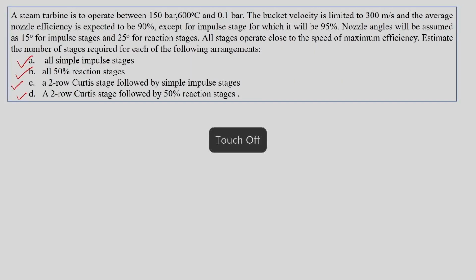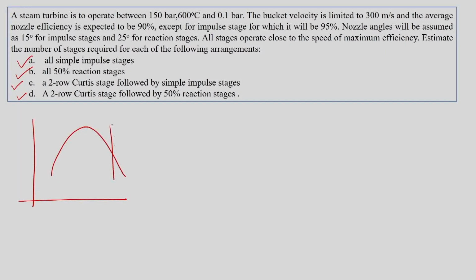In this example, if we try to plot the TS diagram, then we are told that this state is 150 bar and 600 degree Celsius, and this state is given to us as 0.1 bar. So we can make use of these two states to find out the total enthalpy drop.